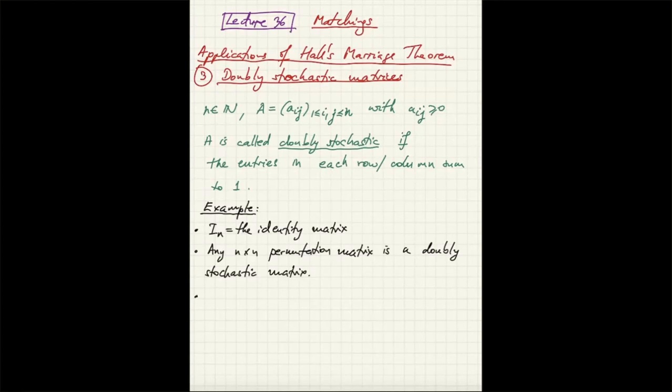But there are other doubly stochastic matrices. So here's an example of a 4 by 4: 0.3, 0, 0.4, 0, 0.1, 0.6, 0, 0.1, 0.